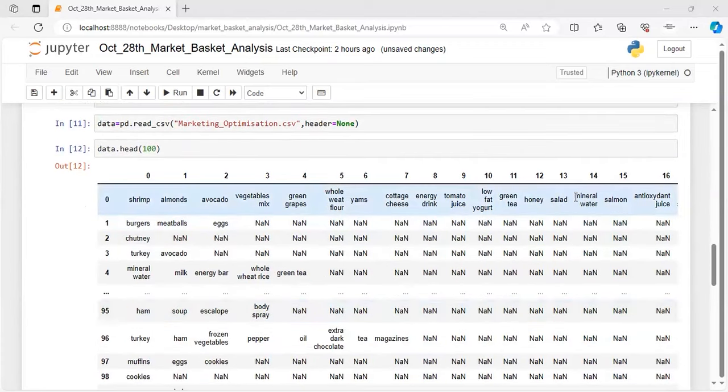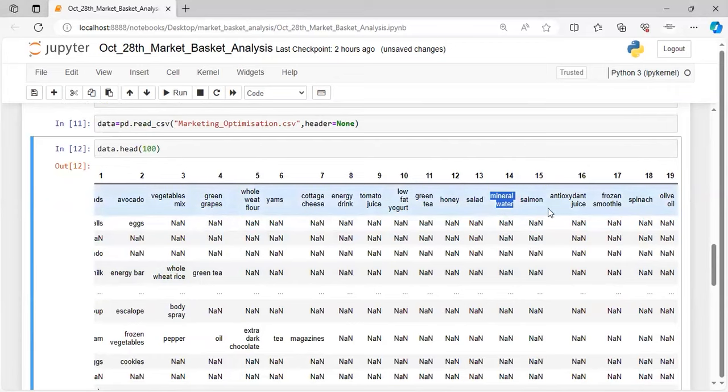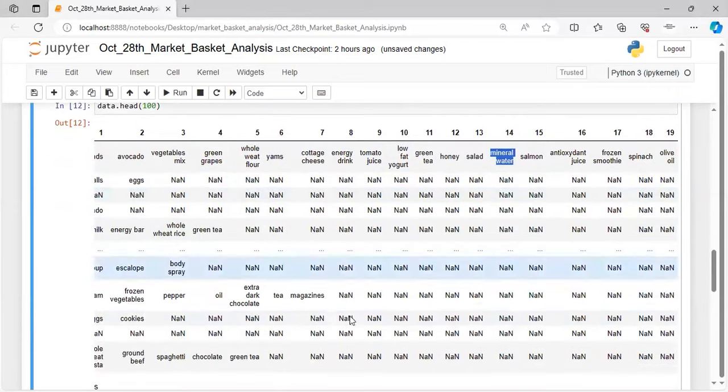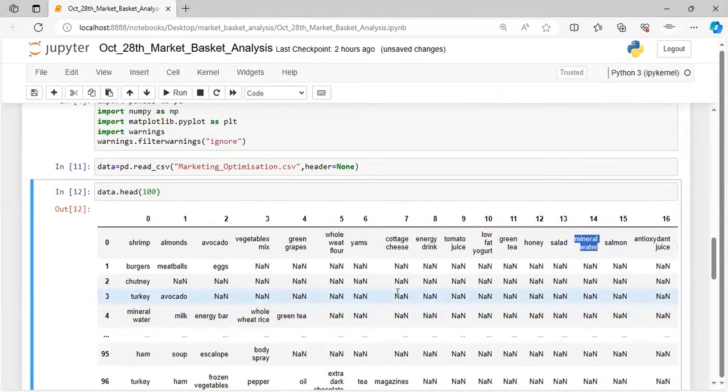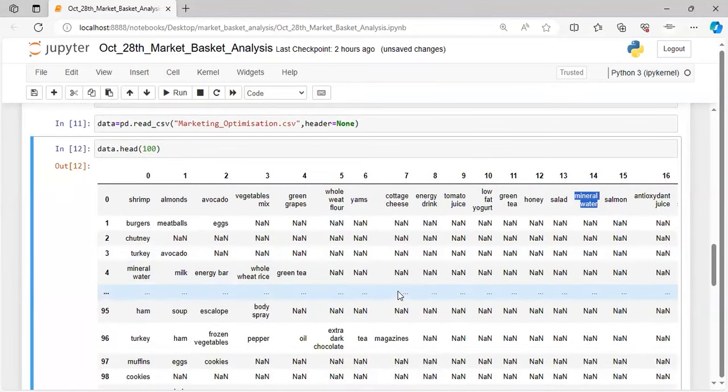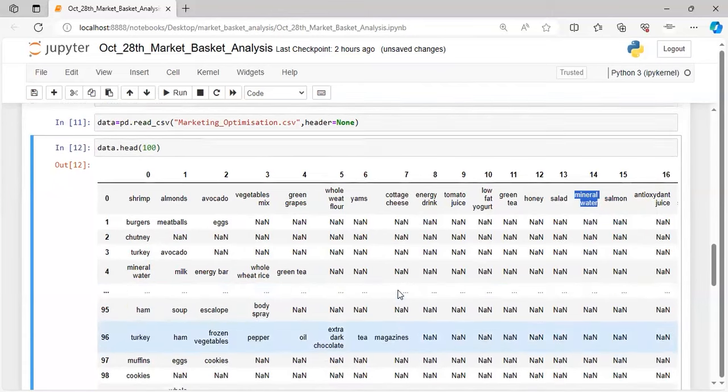Burger naturally will be there. Olive oil is there. Which item are we not finding? Can we check the unique items of row 0 and see what the total items are, if it's possible?